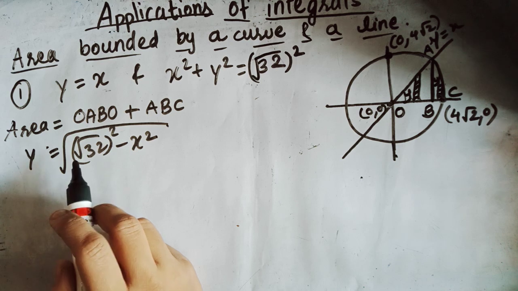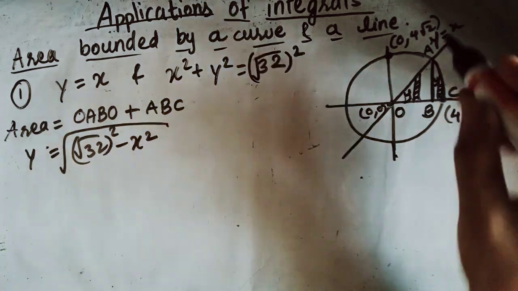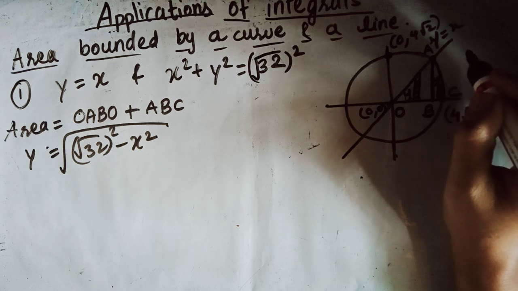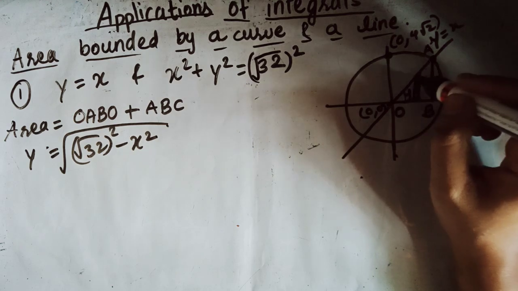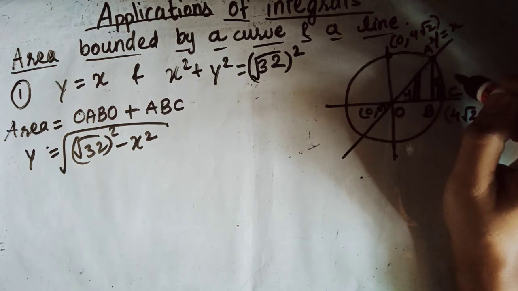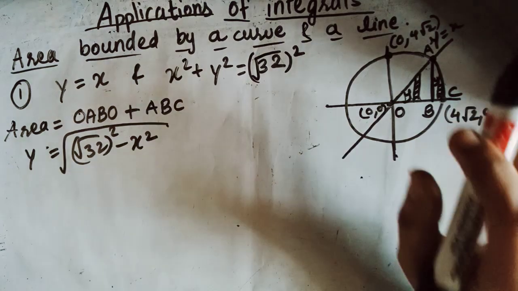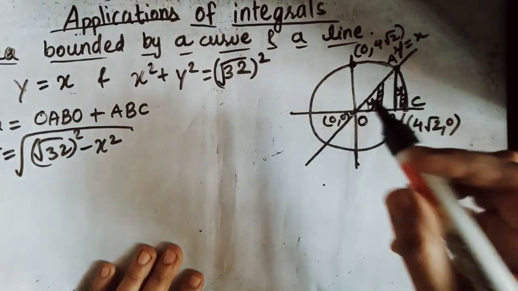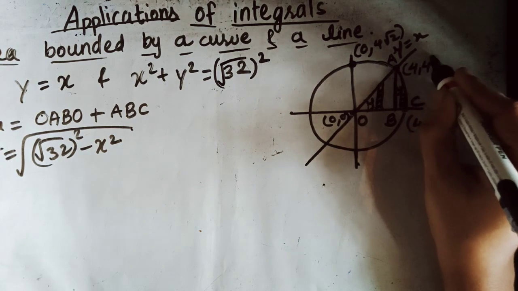If you consider the line, this point is what? Now this is 4 root 2, right? So this point, if you plot the graph properly, you will get this point 4 comma 4.